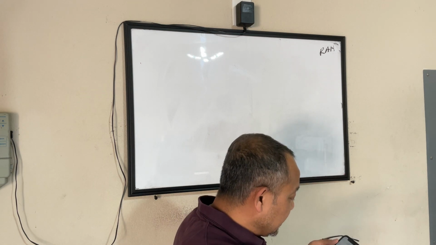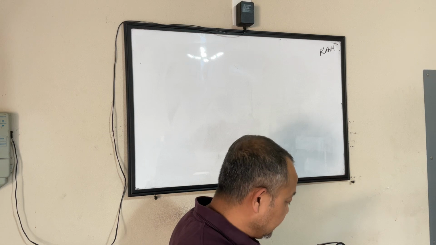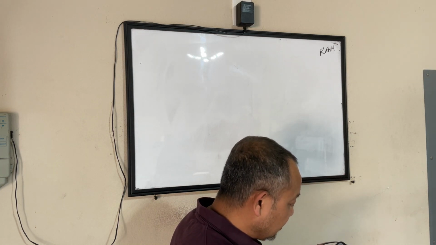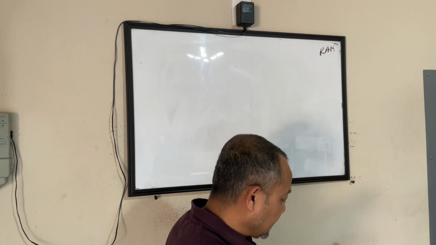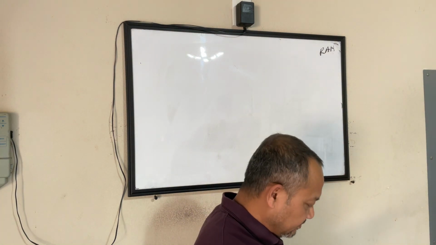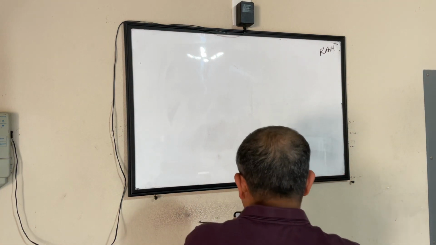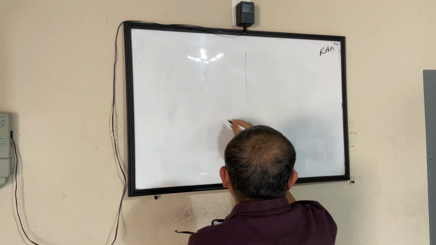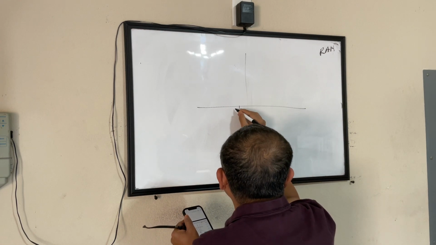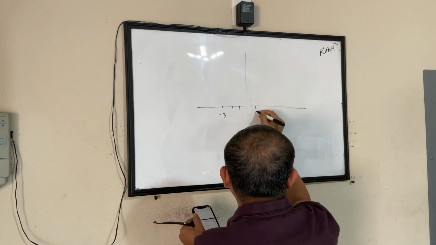Which of the following is an equivalent form of the equation of the graph shown in the xy plane, from which the x-intercepts can be identified as constants in the equation? Okay? Sounds interesting, sounds a little difficult to begin with. So let me first plot this, so that way you'll be able to relate to what I'm reading here. Okay? 1, 2, 3. This is minus 3, and this is 1, 2.